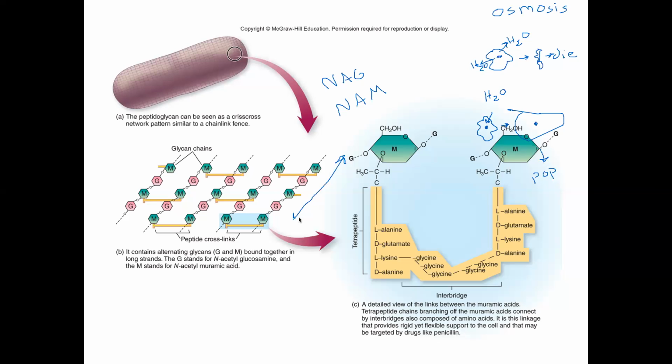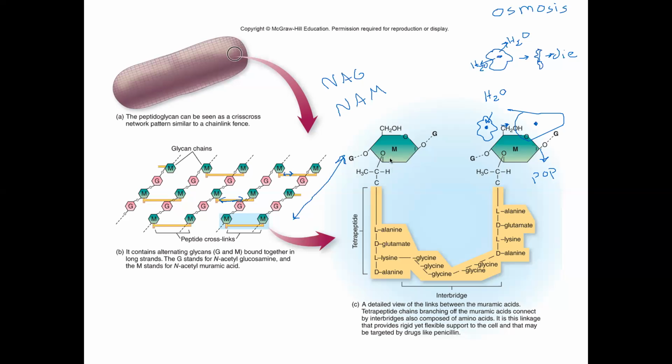But then we cross-link these things with little stretches of protein, and that's what these are. So you've got cross connection and then you've got vertical connection, and that makes for a pretty strong cell wall.